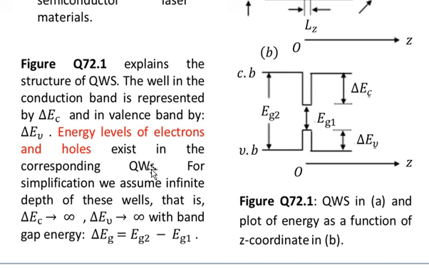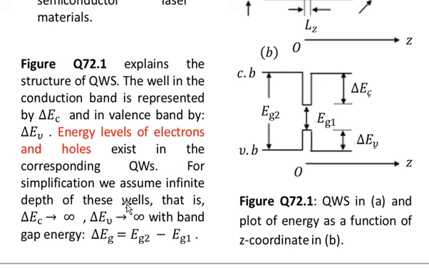That is, the electron levels will exist in the quantum well associated with the valence band, and the energy levels corresponding to the holes, or the missing electrons, will exist in the quantum well associated with the conduction band.